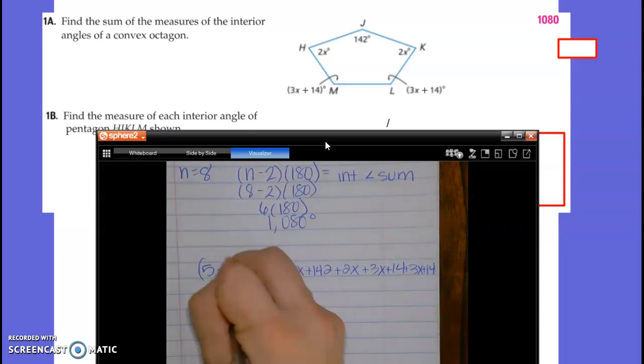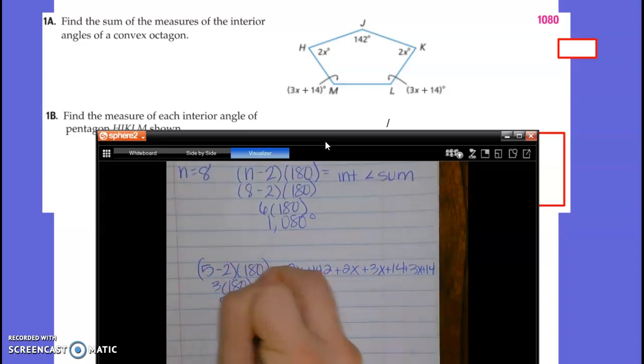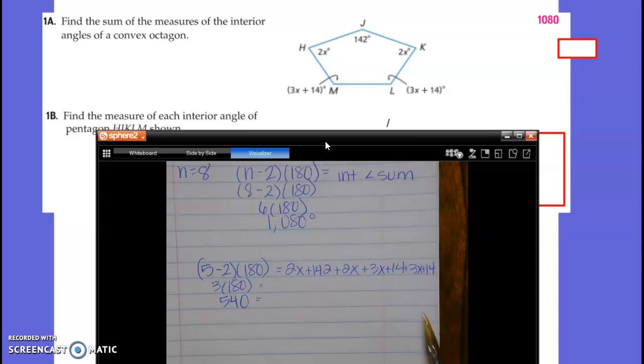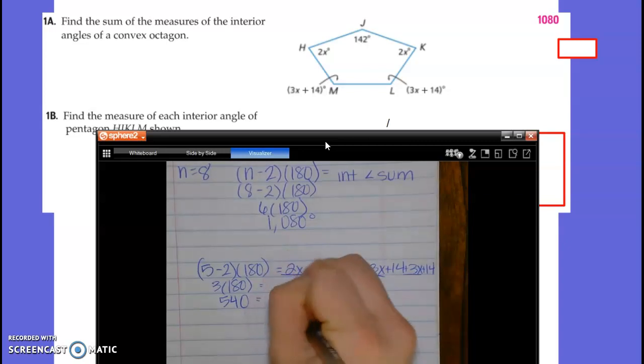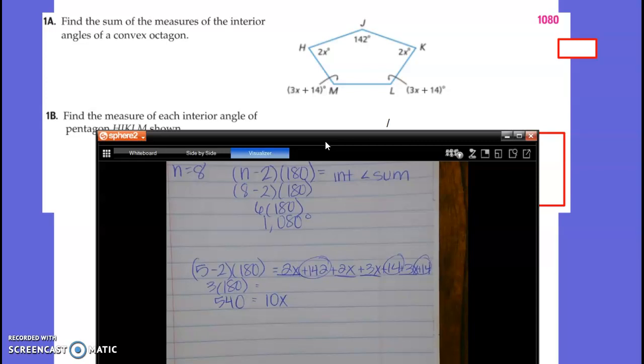So I have 3 groups of 180 over here, which gives us 540. I need to combine my like terms, so I have 2x, 2x, 3x, and another 3x. So that's a value of 10x. And then I need to combine my 142 with my 2 groups of 14. So I'll use my calculator real quick.